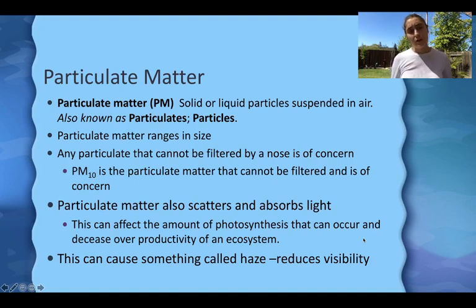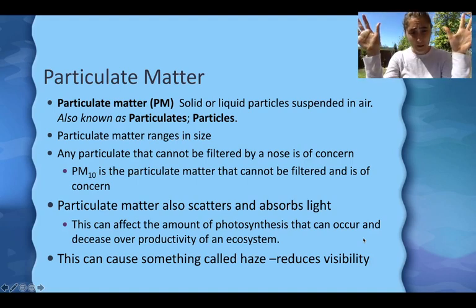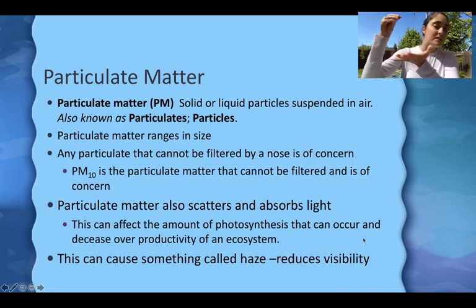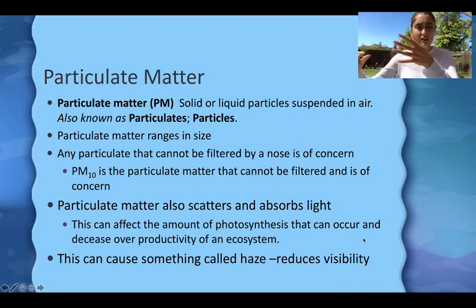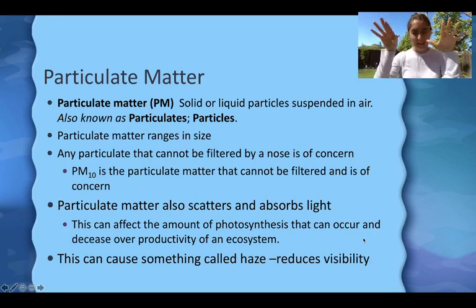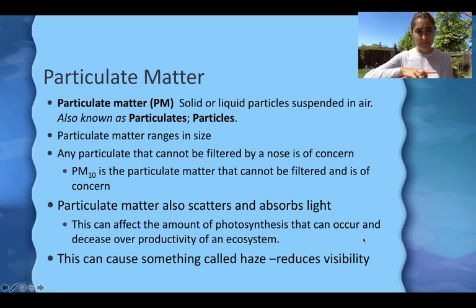The other concern with particulate matter is that if there's enough of it in the air, it can both scatter and absorb light. So if there's a lot of particulate matter sitting in the air, one, it's going to decrease the amount of solar insolation that's able to reach the Earth's surface, right? You'll get this sort of cloud, essentially, preventing sunlight from entering. And it can also scatter light, meaning maybe it's going in weird directions, not a consistent flow of light.